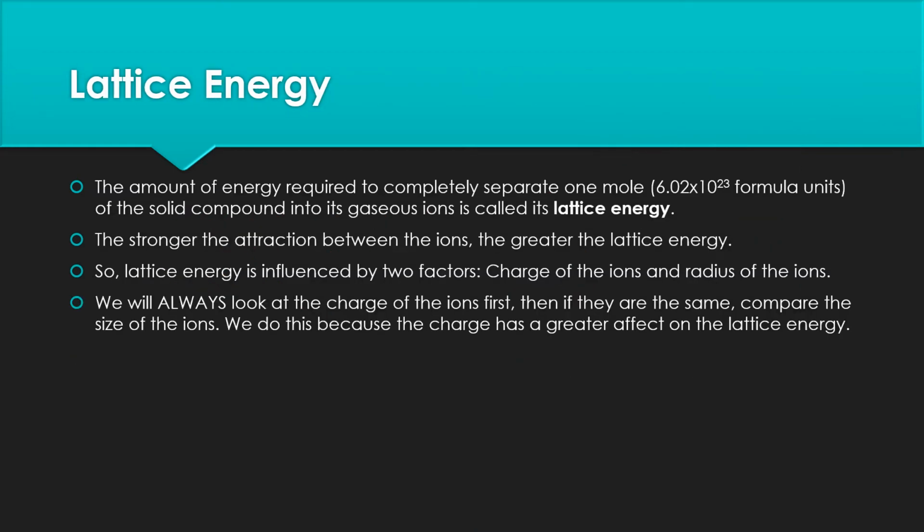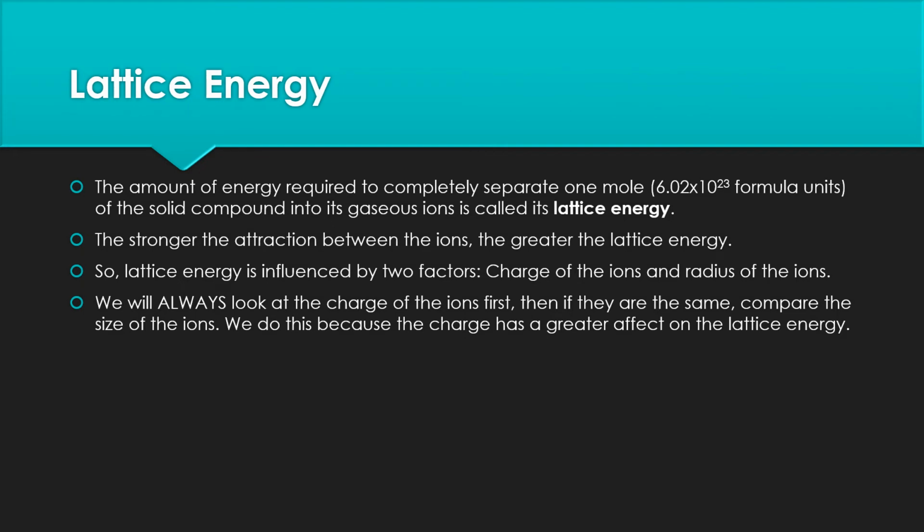So what this attraction influences is what's called lattice energy. Lattice energy is the amount of energy required to completely separate 1 mole, or 6.022 times 10 to the 23rd formula units, of a solid compound into its gaseous ions, and that's our lattice energy.